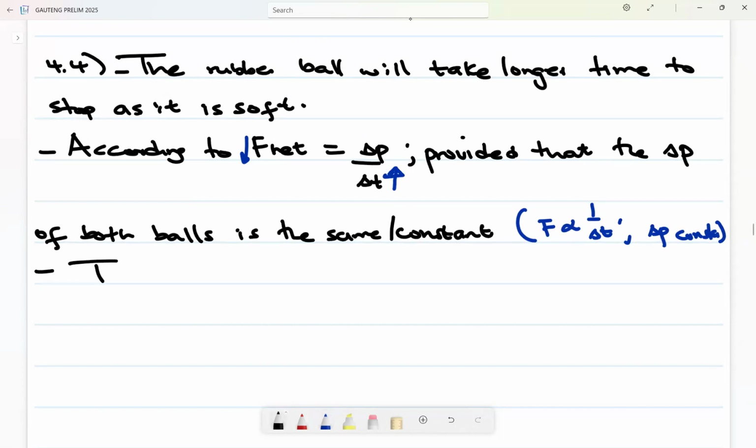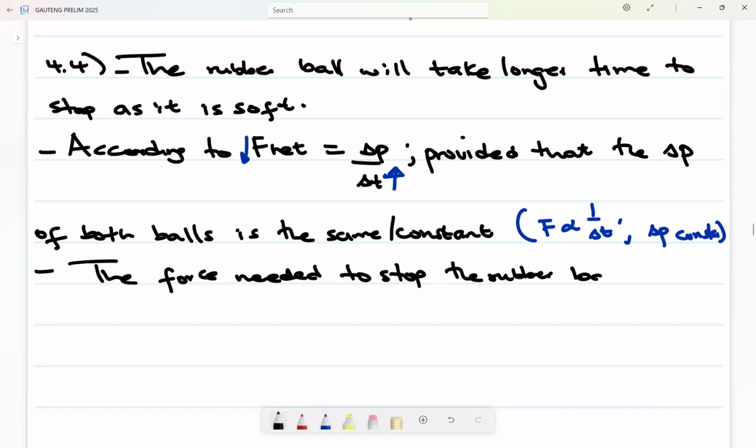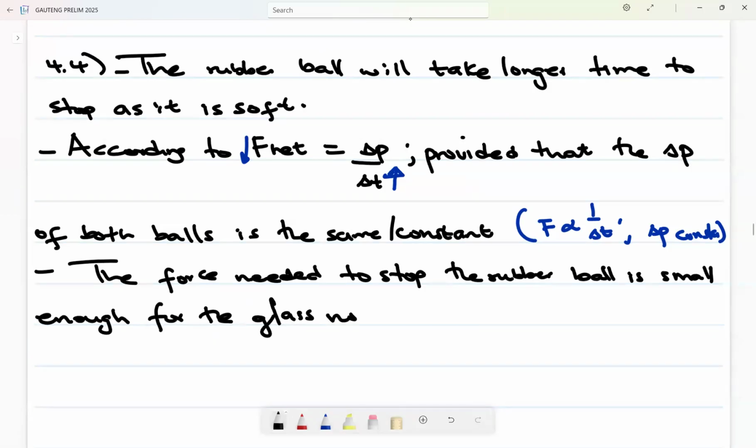Therefore, the force needed to stop the rubber ball is small enough for the glass not to break.